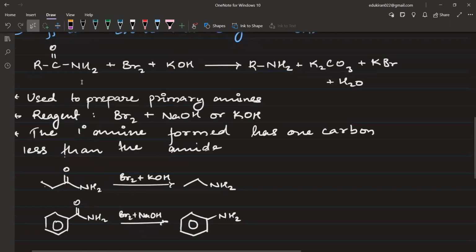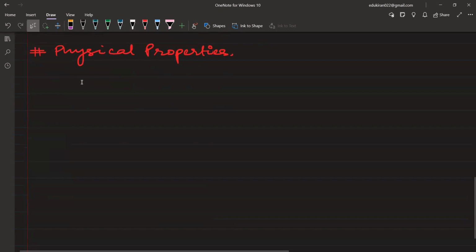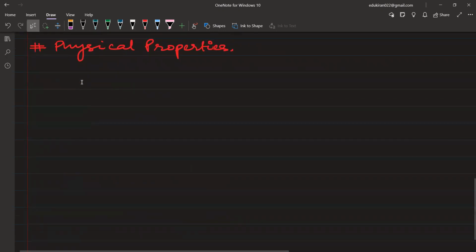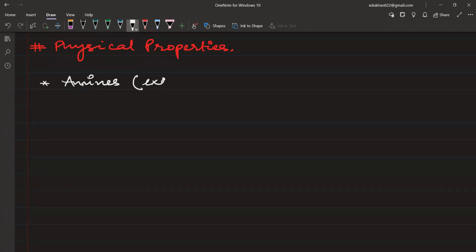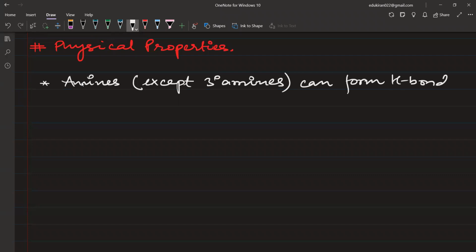Have you written it? Let me know if you're still writing. If not, then write the topic physical properties. Write the first point. Amines except 3-degree amines can form hydrogen bonds.